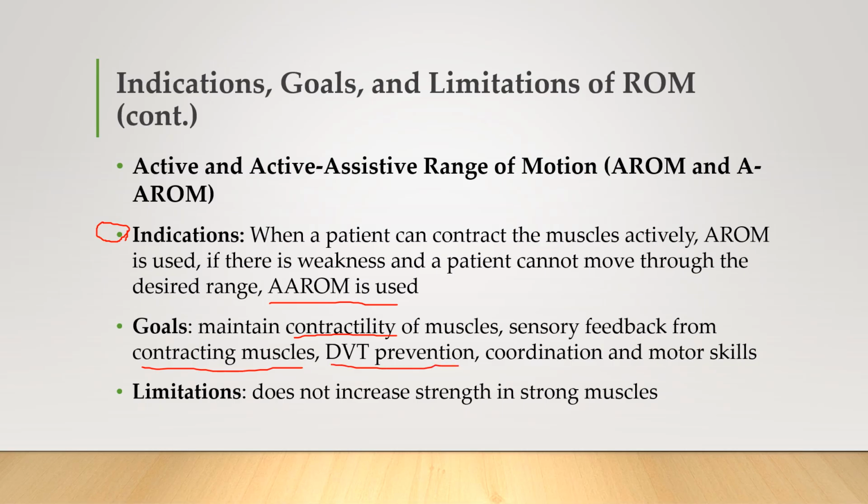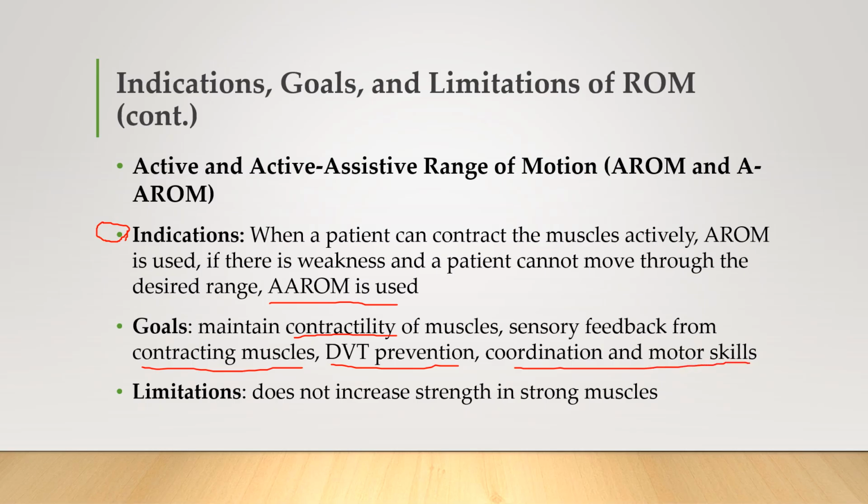Of course, if we're talking about lower extremities, DVT prevention, like I just mentioned on that last slide, remember that our muscle pumps are the best way to help prevent DVTs, besides using something like compressive stockings, ACE wrapping, those kind of things, vasopneumatic compression. And then, of course, it's going to help with coordination and motor skills.